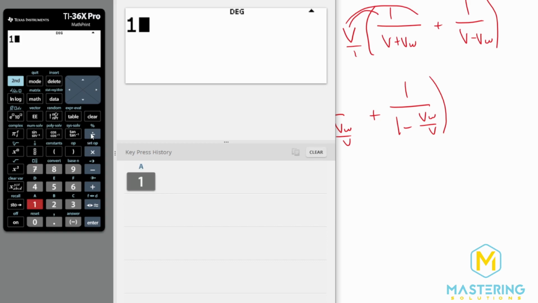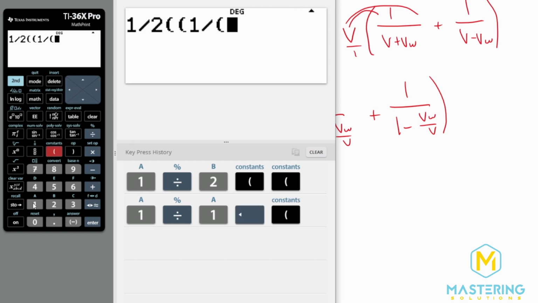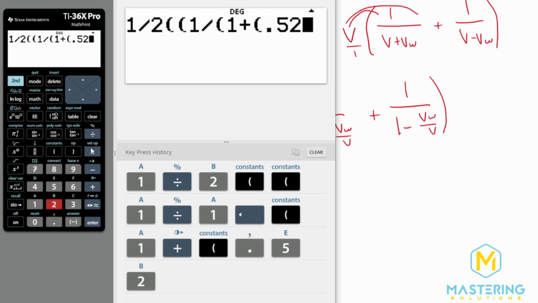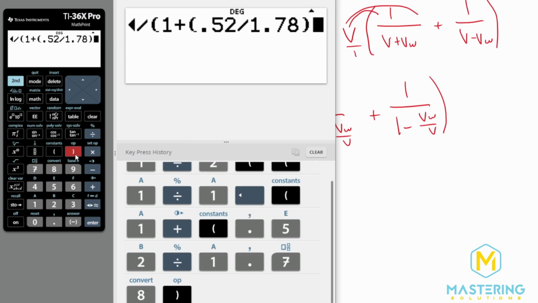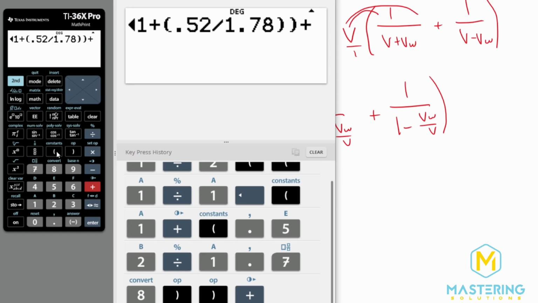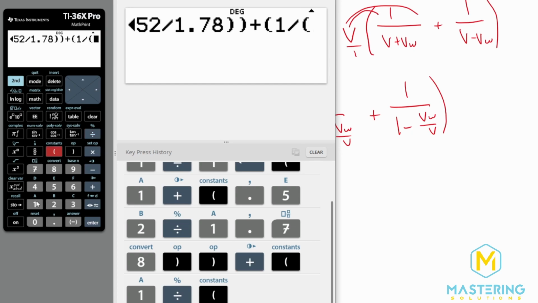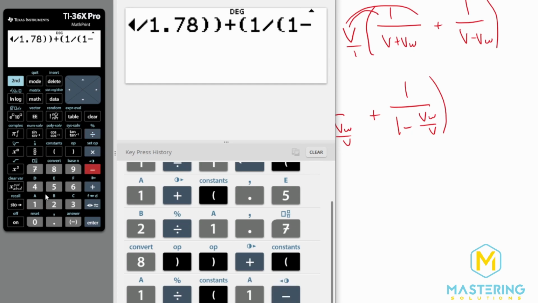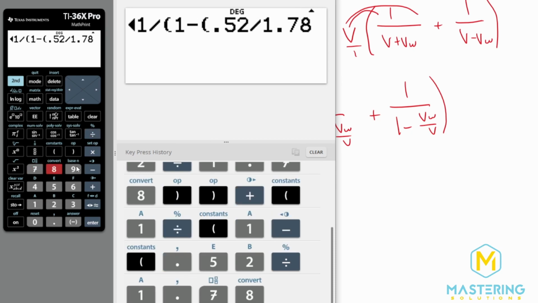So we have 1/2 times 1 divided by 1 plus 0.52 divided by 1.78, plus 1 divided by 1 minus 0.52 divided by 1.78.